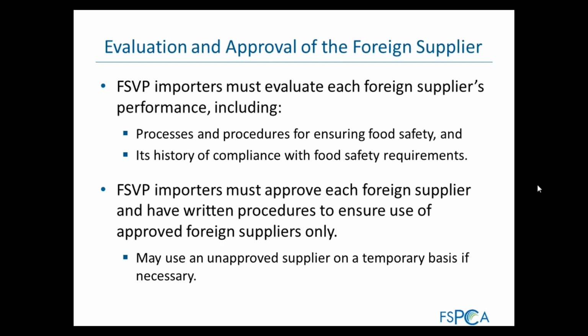FSVP importers must evaluate each foreign supplier's performance, processes and procedures for ensuring food safety, and the history of compliance. FSVP importers must approve each foreign supplier and have written procedures to ensure that they only use that approved foreign supplier.